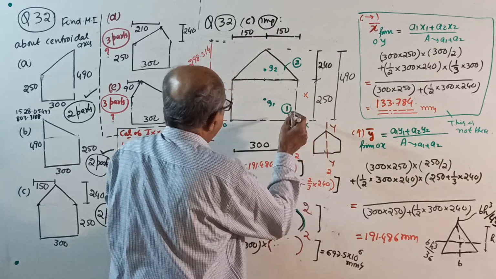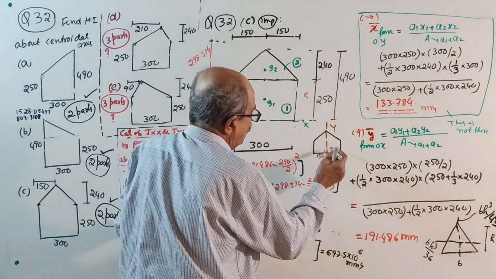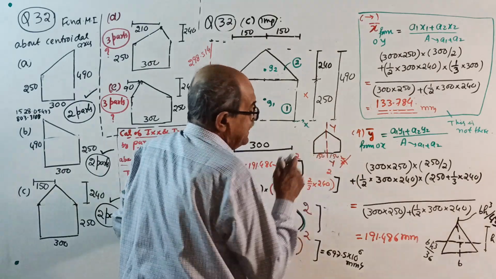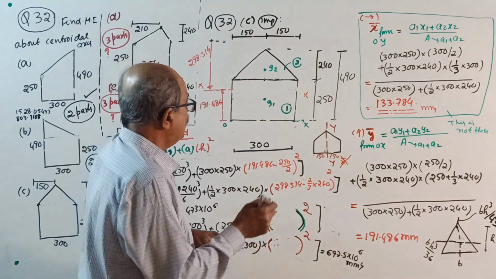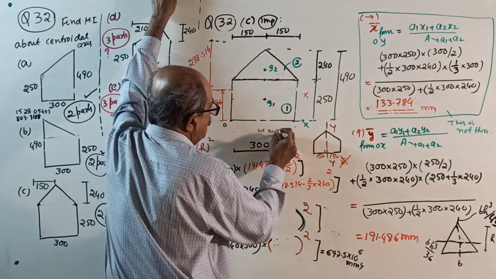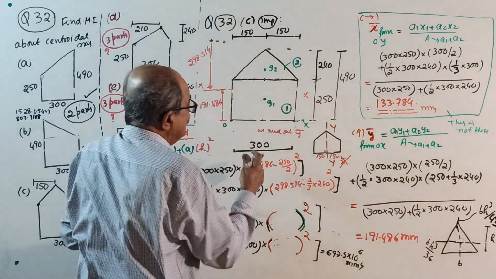If the total is 300, each side will be 150, 150. So there is no need for X bar calculation. Write this statement: we need only Y bar. You require Y bar. Make all this note.